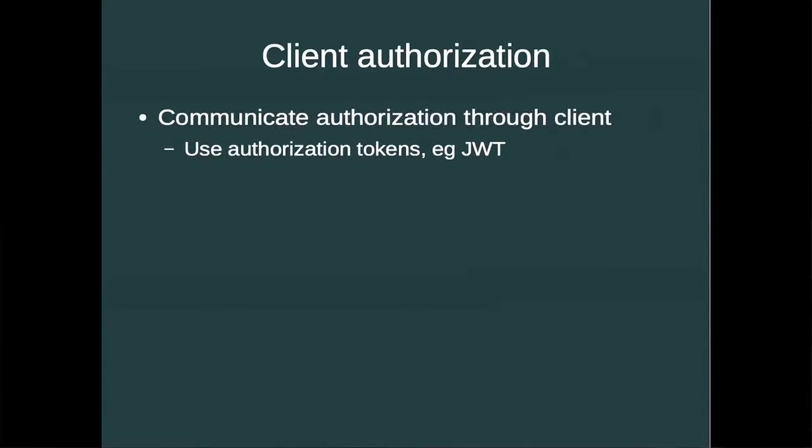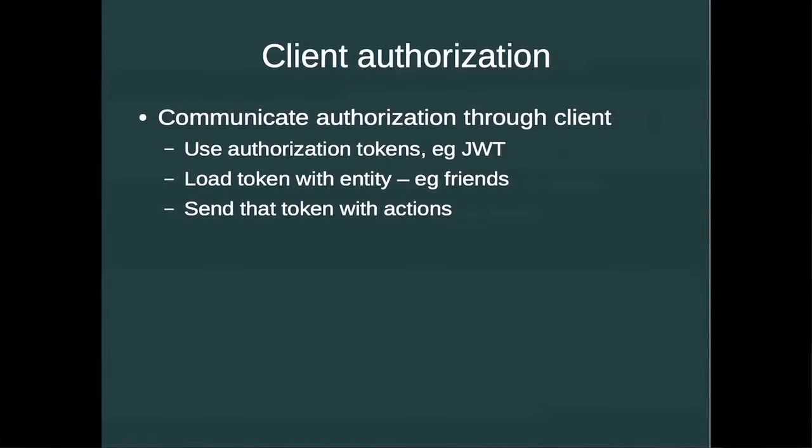So when the browser loads an entity, for example, when it gets the current user and the list of the user's friends, that friend service can then send tokens for each friend and say, this user is friends with this user, and here's a signature to prove it.